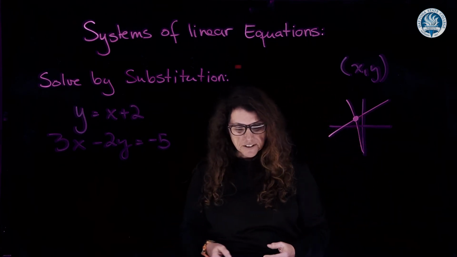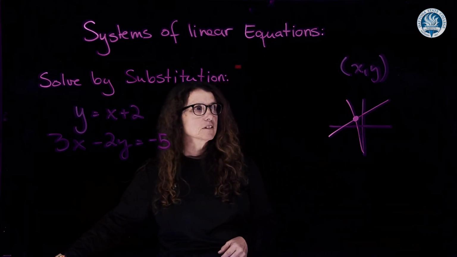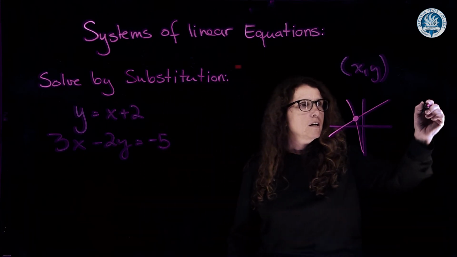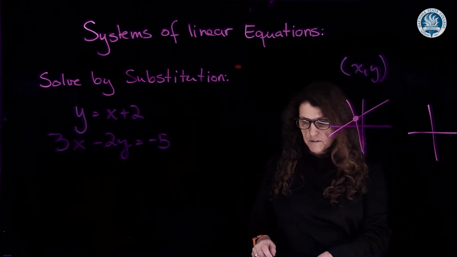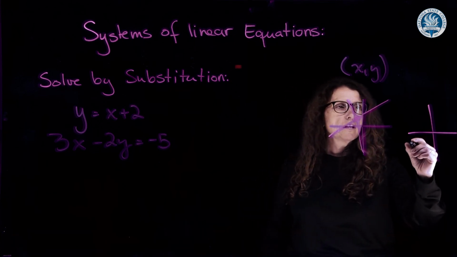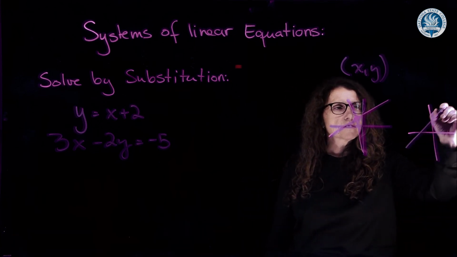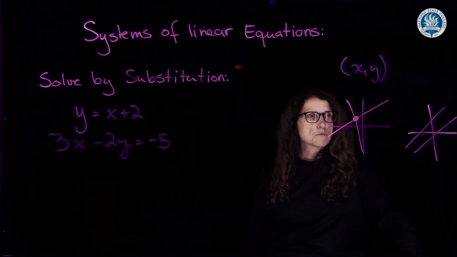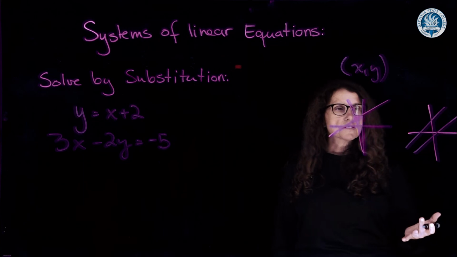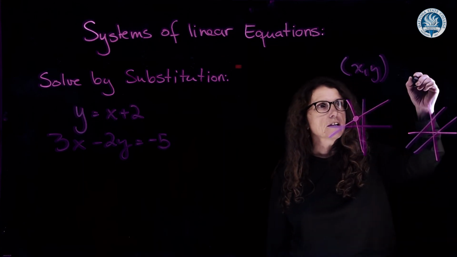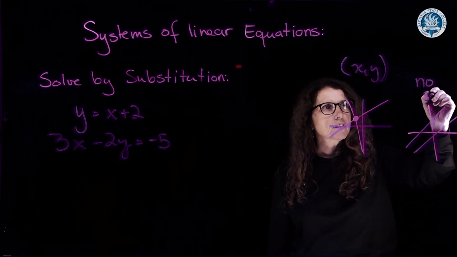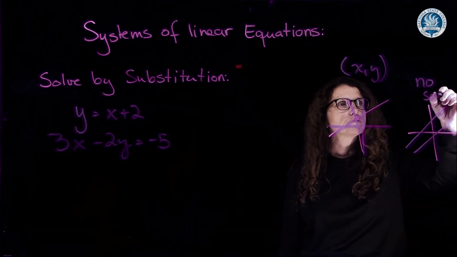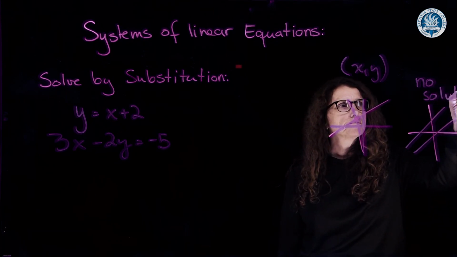Now something else can happen when you solve these linear systems. It's better to show you graphically. If you have two lines and they do not intersect at all, they are parallel. If you have parallel lines, they do not intersect, so that would mean you have no solution here.